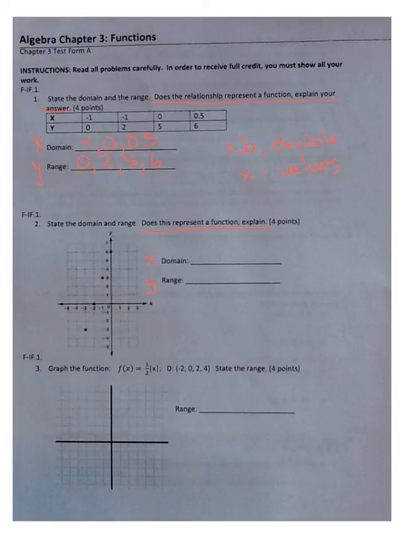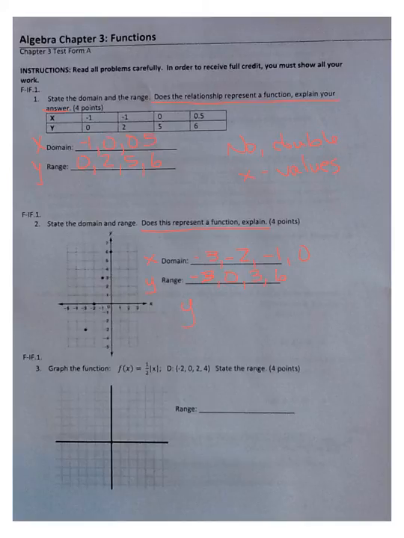So our domain is our x points. Remember, the dots are not connected, so we just do -3, -2, -1, and 0. And then for our range, we have -3, that's a 3, 0, 3, and 6.